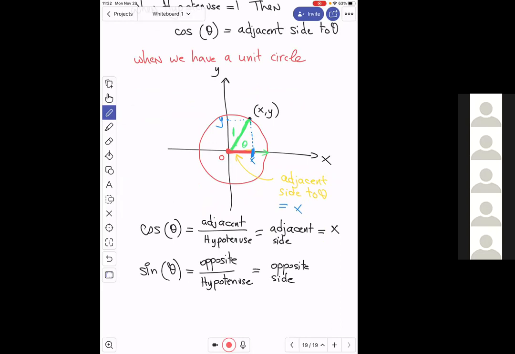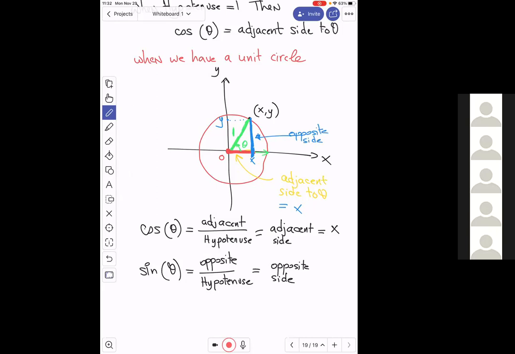Now, what's the opposite side of the angle theta? Well, the opposite side in our right triangle is this one here. The angle theta is, of course, this one right here. This is the opposite side to the angle theta.